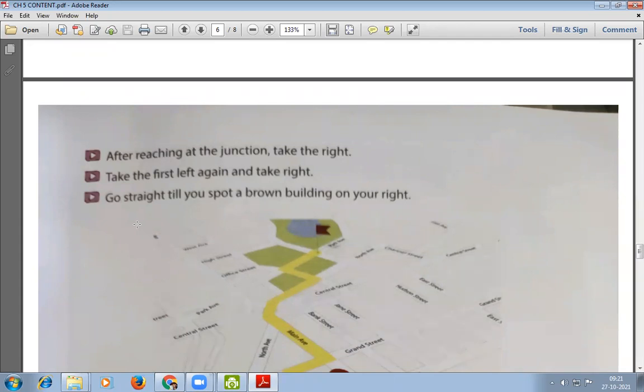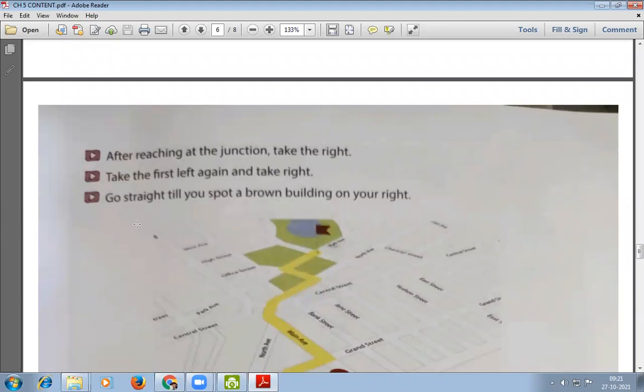Okay, for example, to find a house, you just go straight and take right, then go straight for 50 meters, then take the left turn and go straight 100 meters, then you will see a red color house.